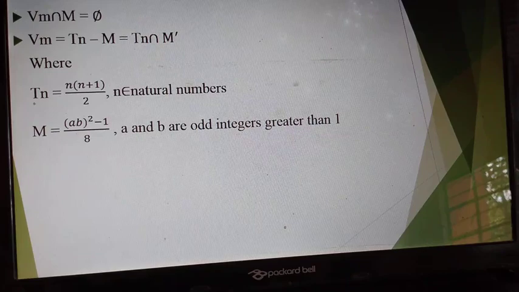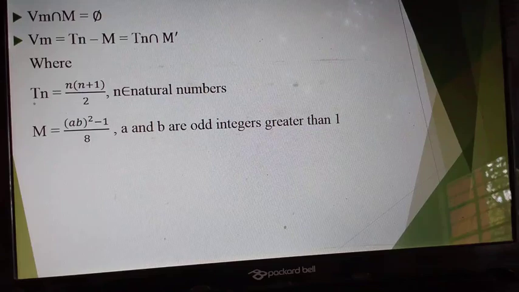Remember, the first number that we use, or integer, when calculating the triangular numbers is 0. But in my case, I've excluded 0.